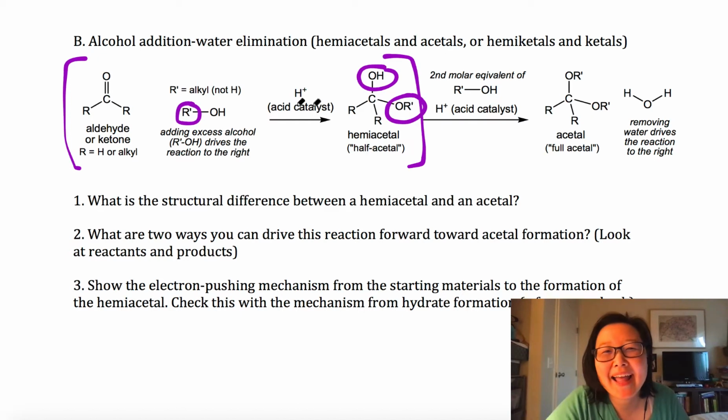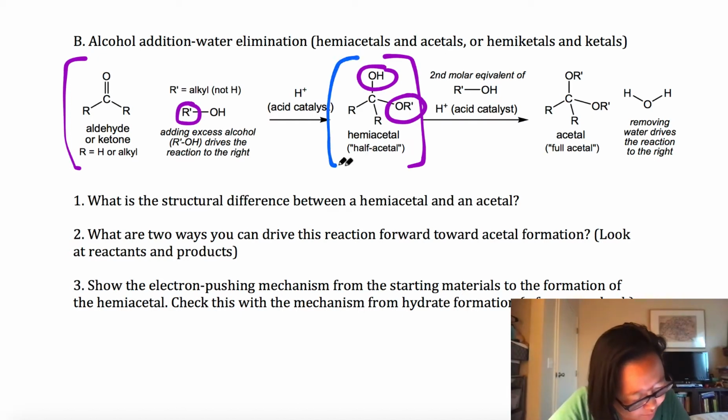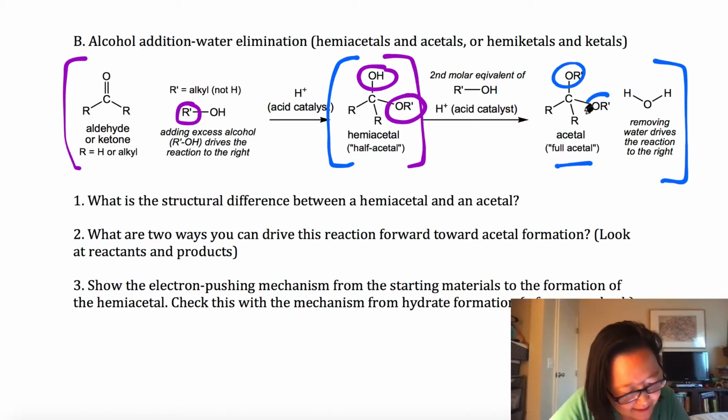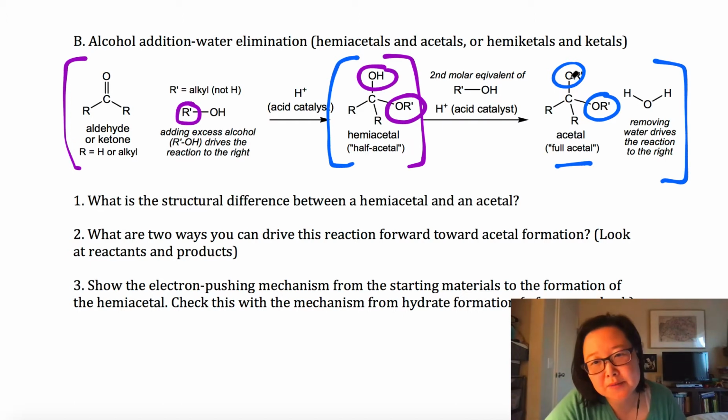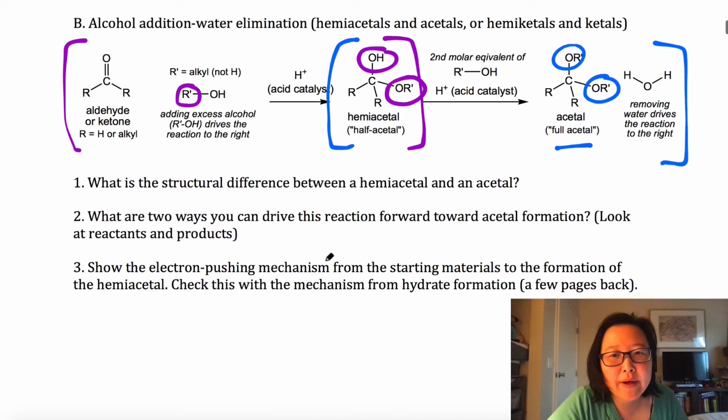Okay? And then after we make the hemiacetal, then I'd like us to go from the hemiacetal all the way to the acetal. And the acetal is where we have two OR groups. So these both come from the first alcohol and then the second alcohol make these two ether groups on there. Okay, so why don't we do this?